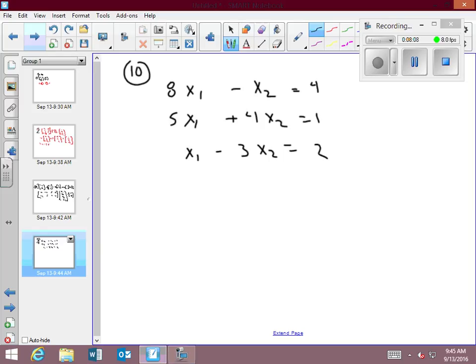So the first thing you want to do is write it as a vector. So it's going to be x1 times this row, then plus x2.